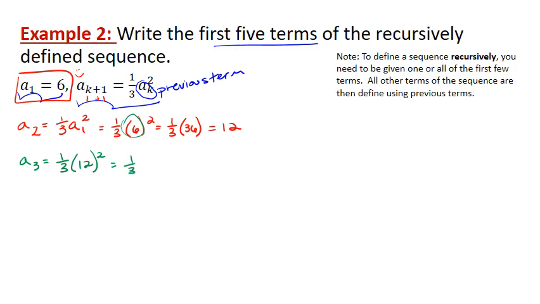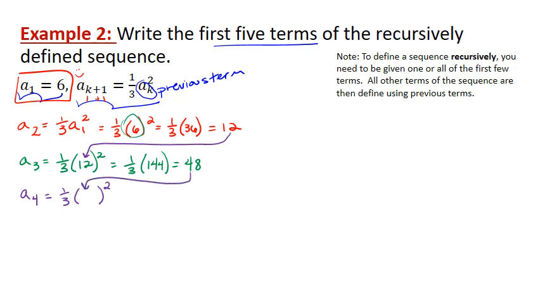So this is 1/3 of 144. This gives me 48. Again, I took this, plugged it in here. So now, to find the fourth term, I use the same formula, but I'm plugging in the previous result, which is 48.